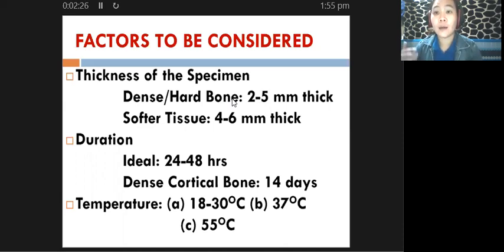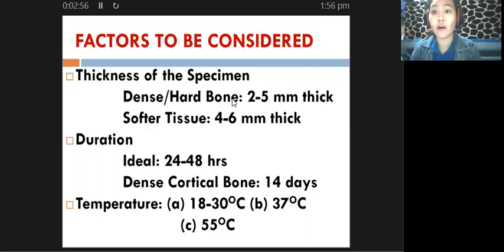Specifically, the portion of the tissue that is affected is your ground substance or extracellular matrix. I have already emphasized the significance of the ground substance, particularly for our bone tissue.